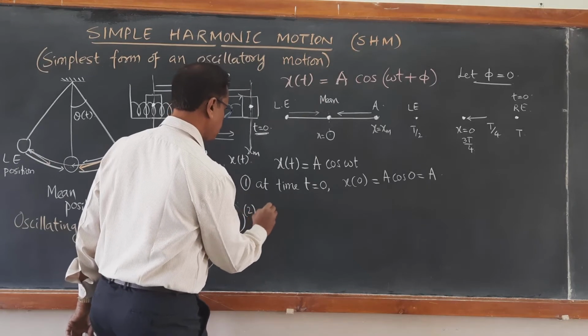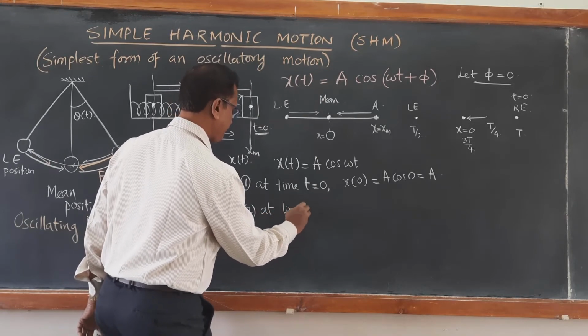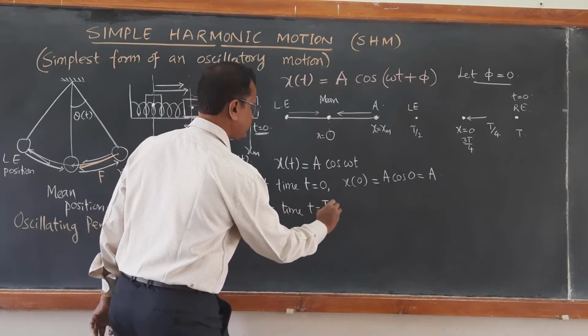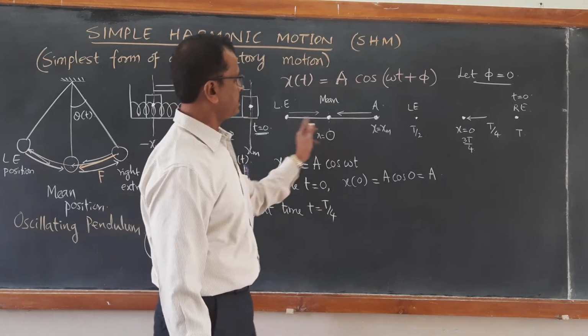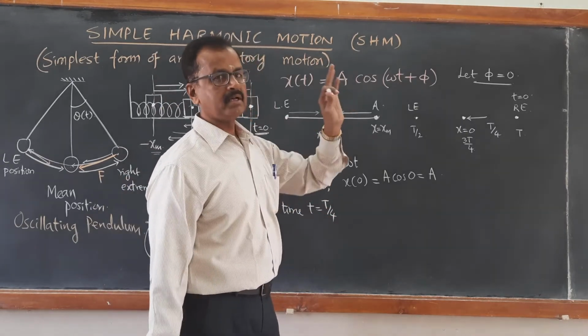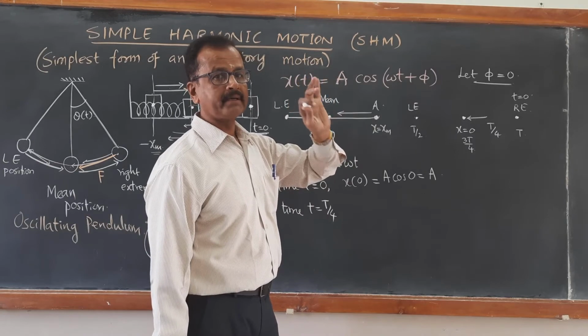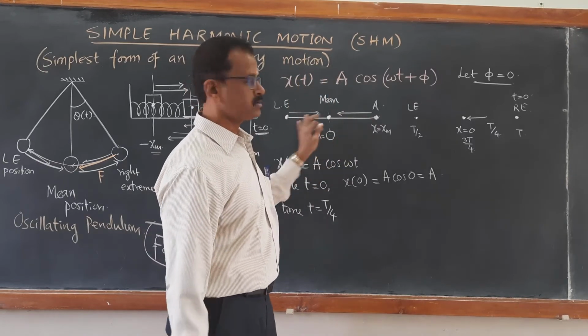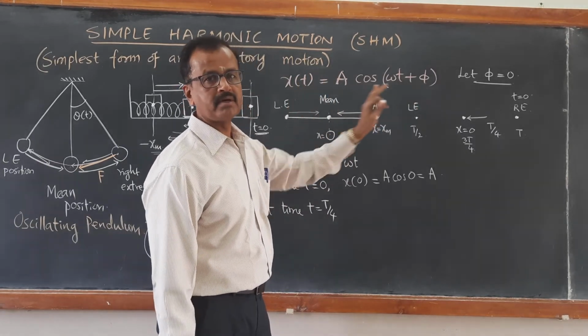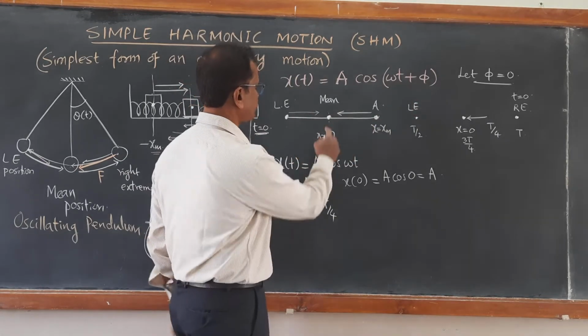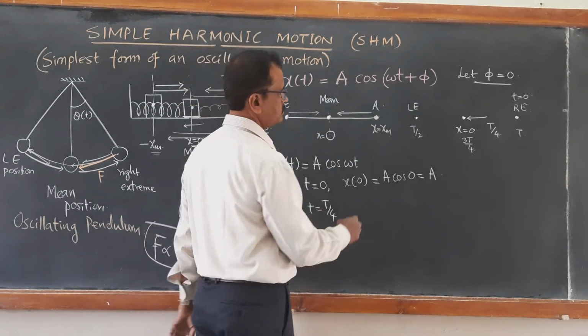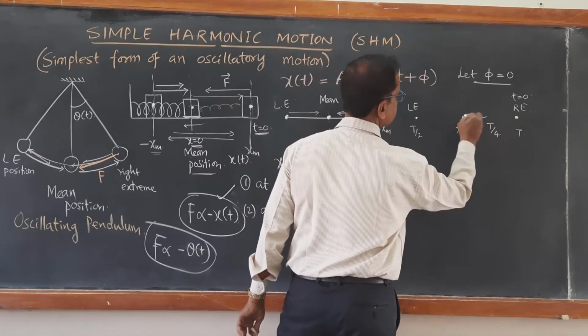Second, at time t equal to t by 4. As I have said, it takes one complete time period, capital T, for one complete oscillation, one complete cycle. Therefore, for 1/4 it takes t by 4. So at t by 4, it is supposed to come over here.